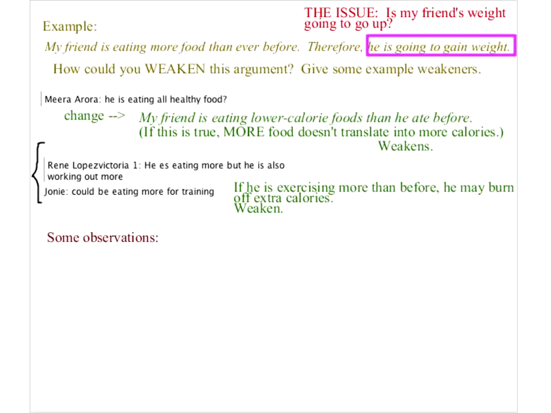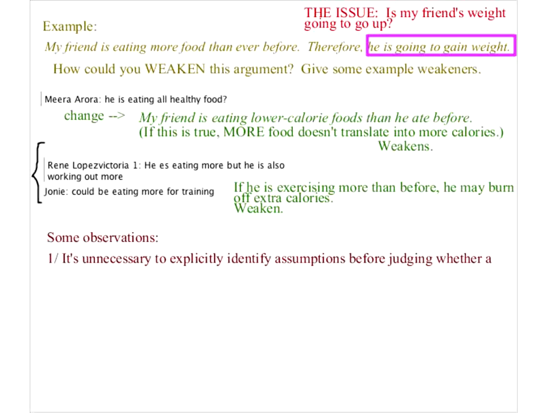The first observation is that it's unnecessary to explicitly identify assumptions before judging whether a statement strengthens or weakens the argument. You don't really have to do that.